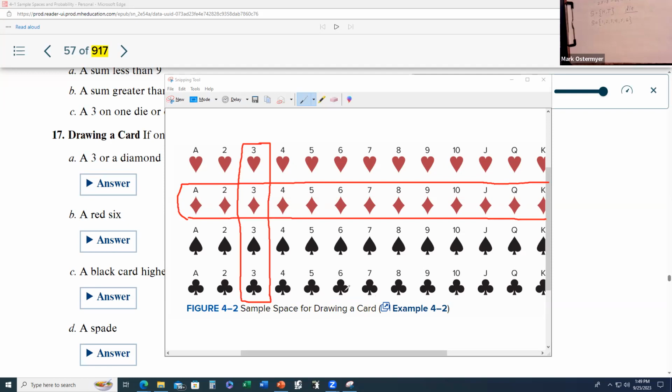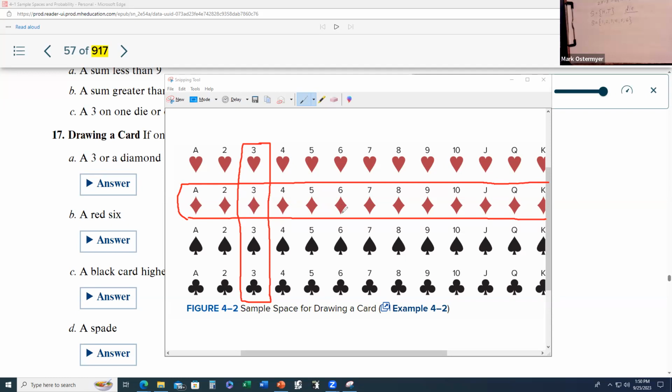So how many different ways can this possible outcome occur here? If they overlap like that, do you count them twice or do you just count it one time? Very good question. We're going to see in 2 days when we look at the addition rules of probability that we cannot double count the 3 of diamonds twice, only once.